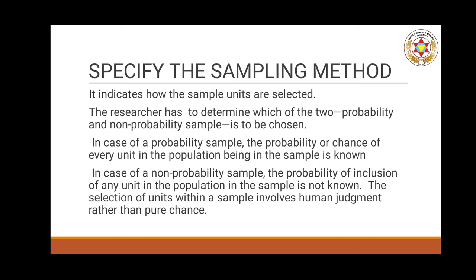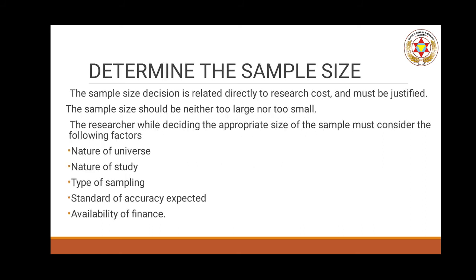After specifying the sampling method, the next step is to determine the sample size. The sample size decision is related directly to the research cost, and it must be justified. The sample size should neither be too large nor too small. While deciding the appropriate size of the sample, the researcher must consider factors such as the nature of the universe.